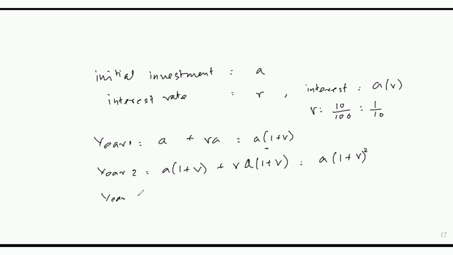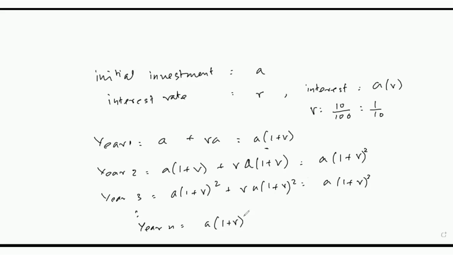Again, same trick: you take this as your initial investment and you multiply to get your interest. And you'll see that this is (1 plus R) cubed. If you go on to n, you can see that this pretty much grows exponentially. Your net gain will be A times (1 plus R) to the power n. And so this constitutes a geometric sequence.